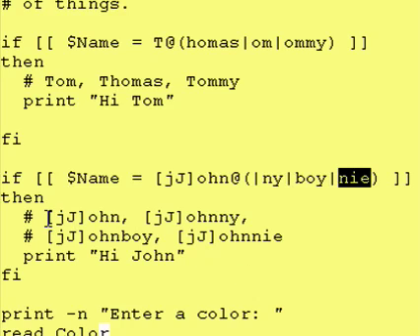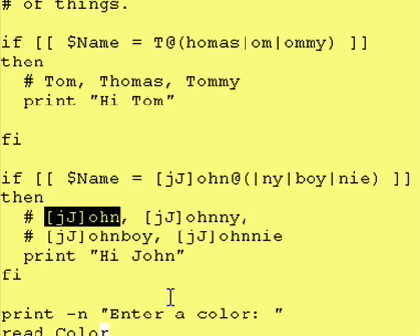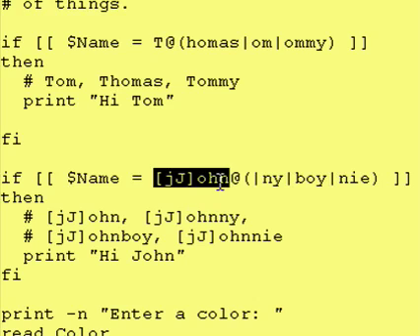So what matches is John, lowercase or uppercase j, because right here, as you can see, your very first choice, what is between the parenthesis and the vertical pipe, is nothing, so therefore it matches nothing. Let me rephrase that. It matches an empty set. So John followed by nothing is perfectly acceptable.